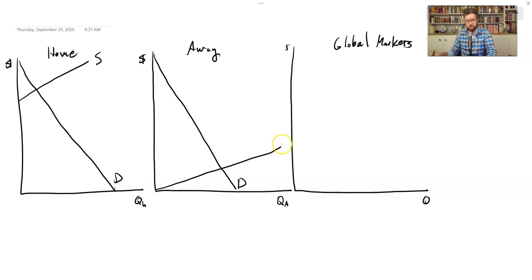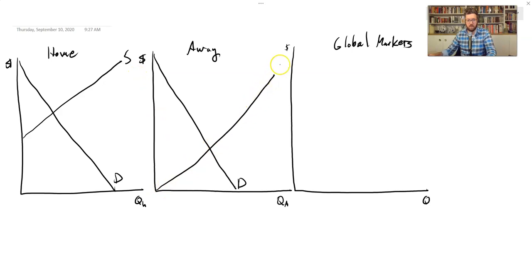Actually, let's draw it a little differently. That's a little too extreme. There's the supply for these guys, and here's the supply for these guys.